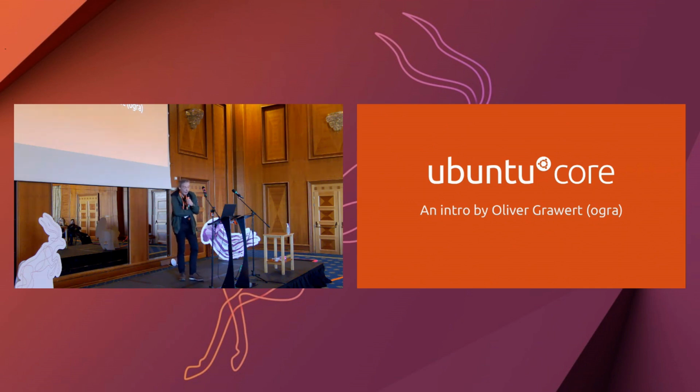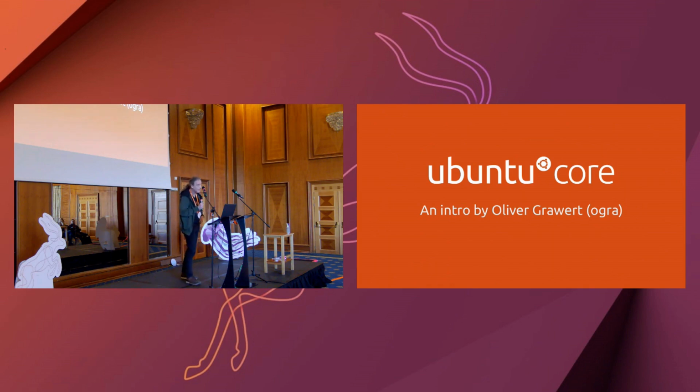So UbuntuCore. Who here remembers the Ubuntu phone? When we turned down the phone, we actually had all these concepts and all these technologies implemented where you have image-based updates, where you have confined packages.